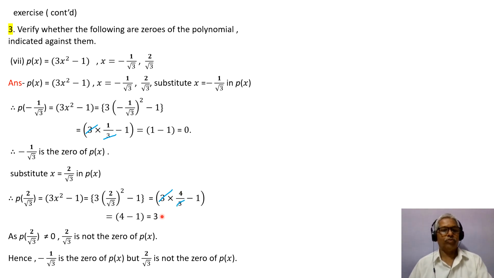It's not 0. So this is not the 0 of p(x). As p of 2 upon root 3 is not equal to 0, 2 upon root 3 is not the 0 of p(x). Hence, minus 1 upon root 3 is a 0 of p(x), but 2 upon root 3 is not a 0 of p(x).